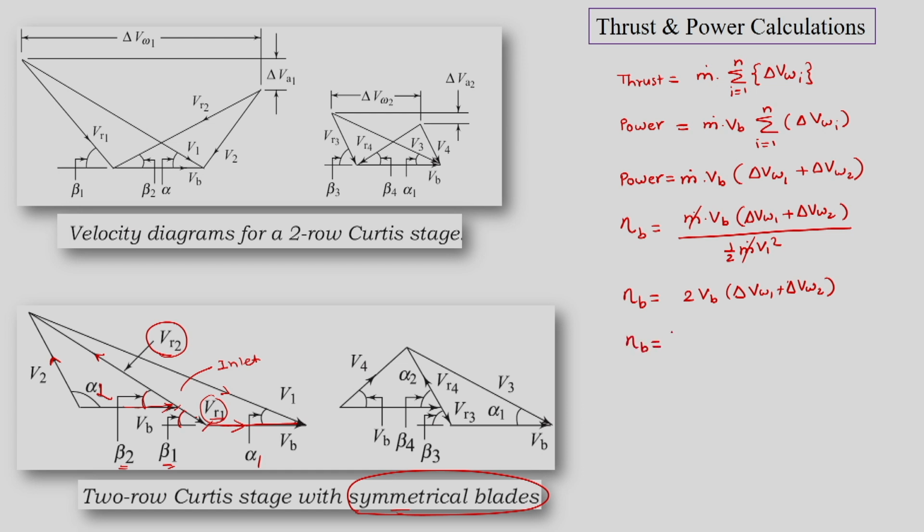In general, efficiency is equal to 2 VB upon V1 square into the sum of delta VWi, where i is equal to 1 to n. This is our formula for efficiency.